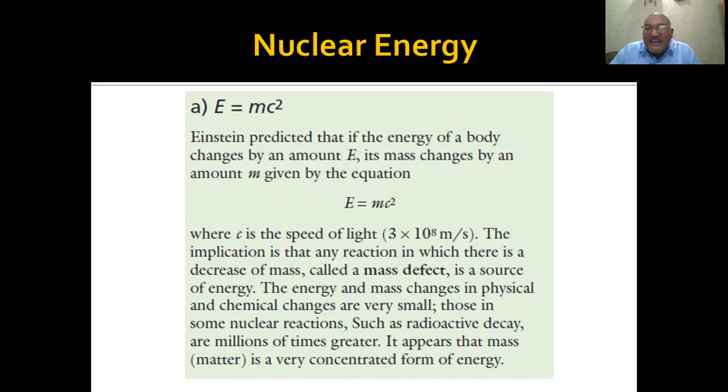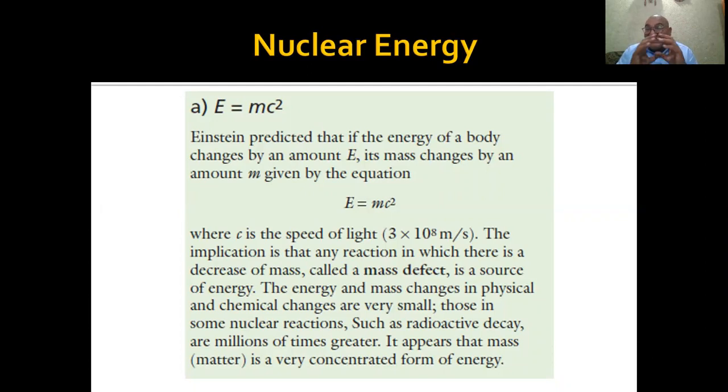In the equation E equals mc squared, E is the energy, m is the mass, and c is the speed of light. The speed of light is 3 times 10 to the power 8 meters per second. If m converts into energy, E energy will be produced.